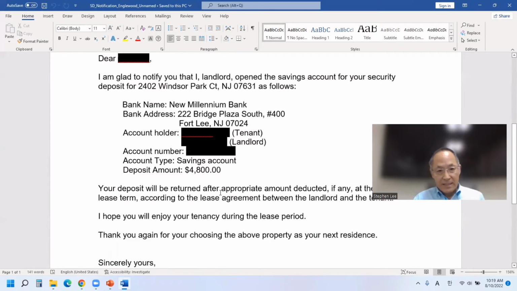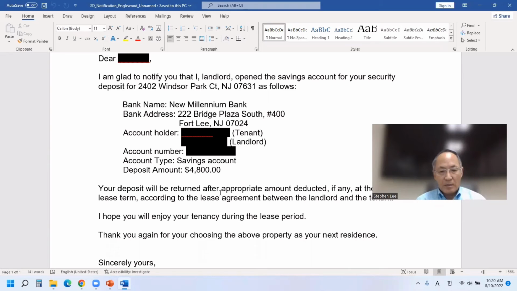Now, as I said, the law specifies that you have to spell out the interest rate, but this sample letter didn't include the interest rate because it becomes too much, honestly. So I didn't specify, but we searched, typically 0.03% interest, not 0.3%, it is 0.03%.